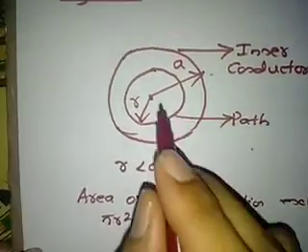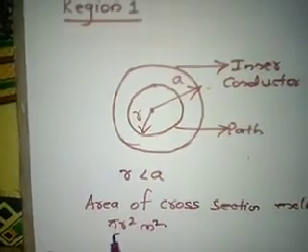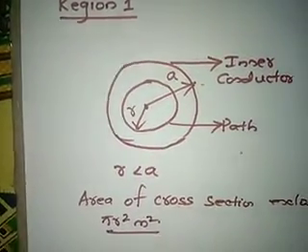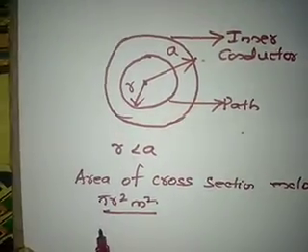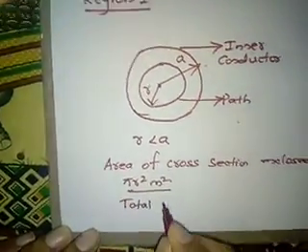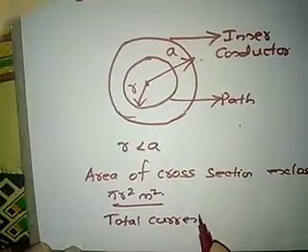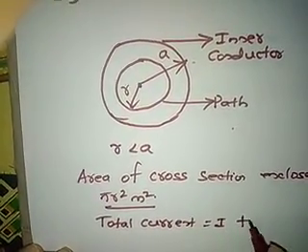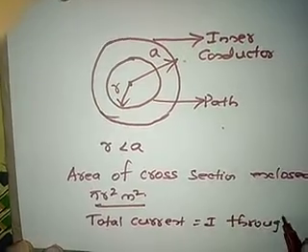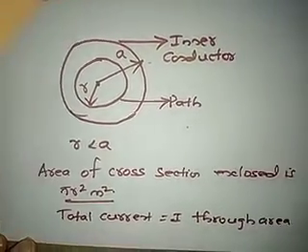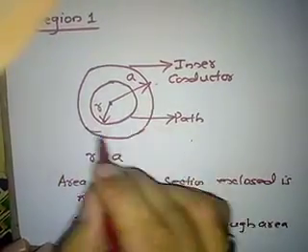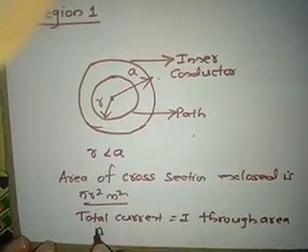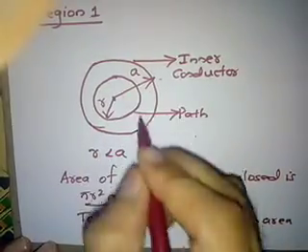Then what is the total current? The total current I flows through the area pi a square, because the inner conductor has radius a.